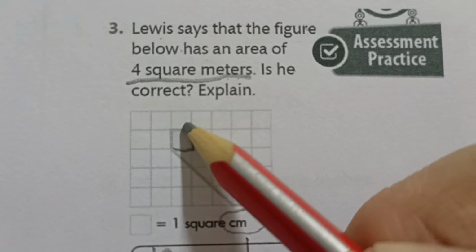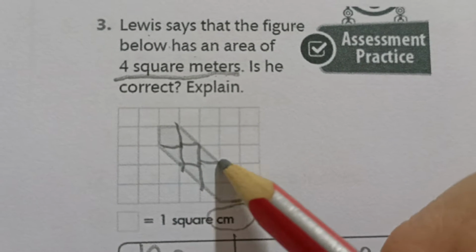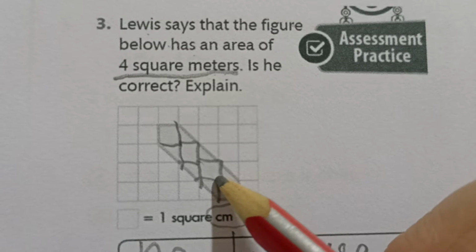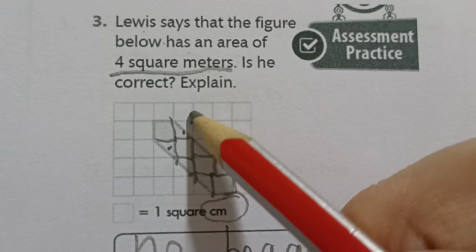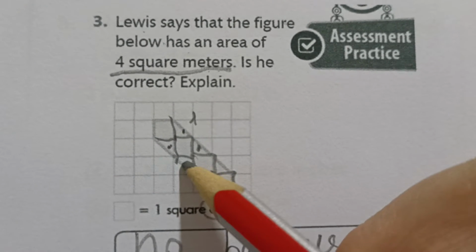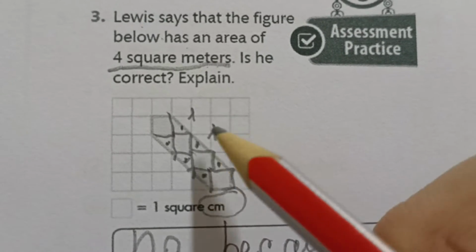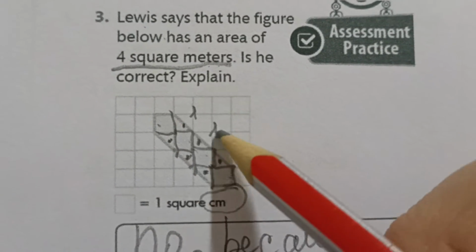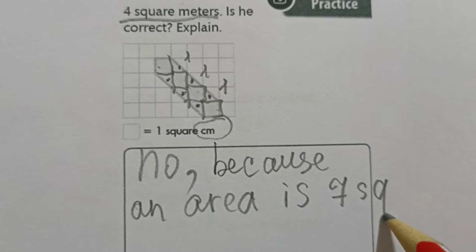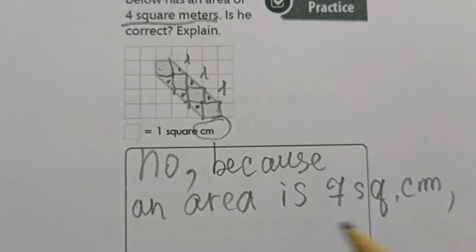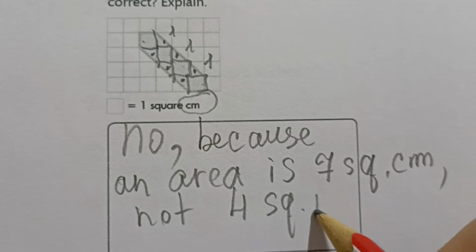So we have 1, 2, 3, 4 here. Now we have 2 triangles. 2 triangles together are going to be one more. 2 triangles together are going to be one more. So together 1, 2, 3, 4, 5, 6, 7. No, because the area is 7 square centimeters, not 4 square meters, okay?